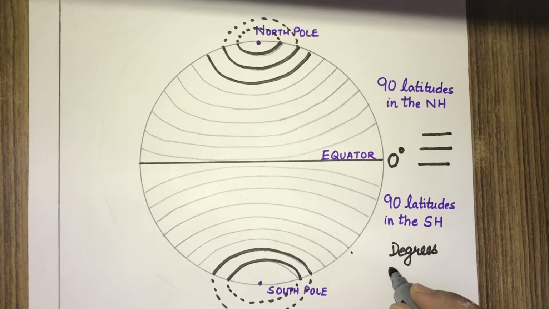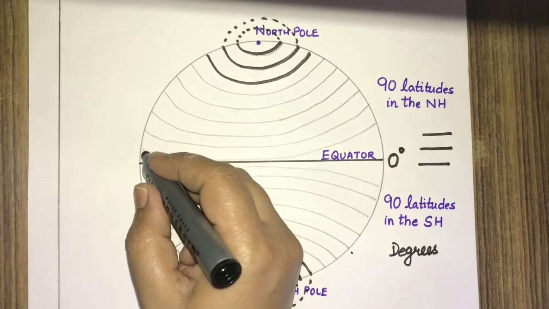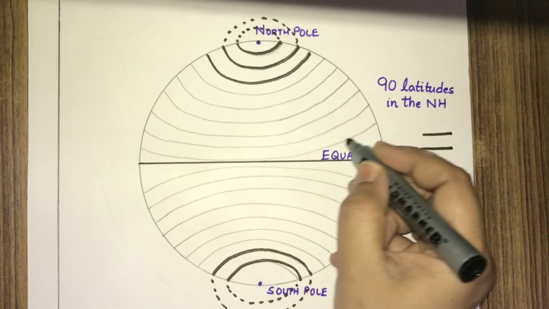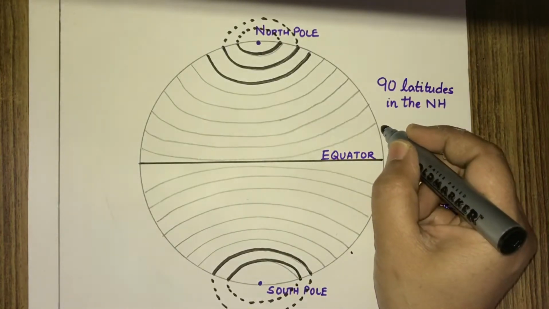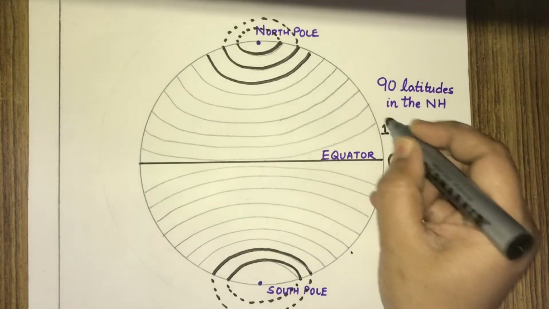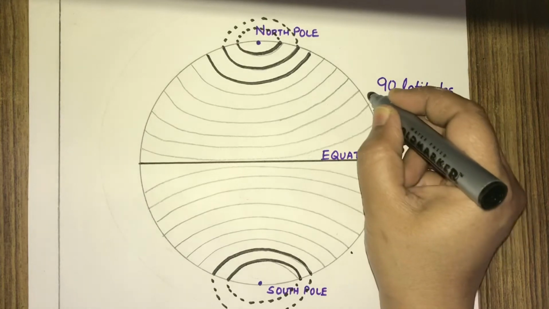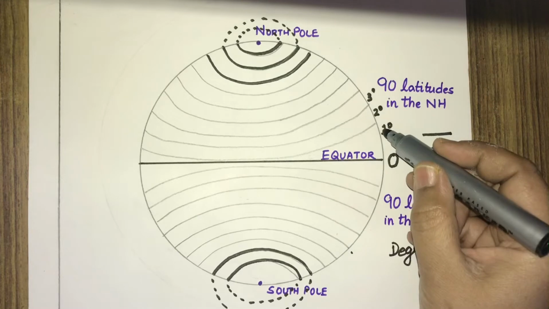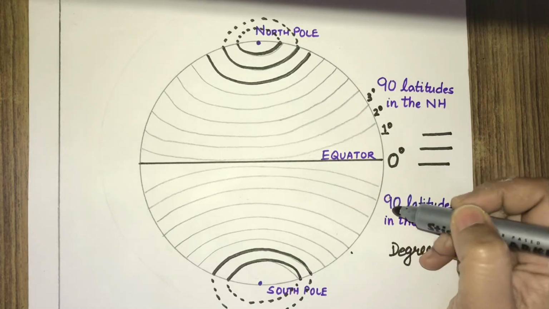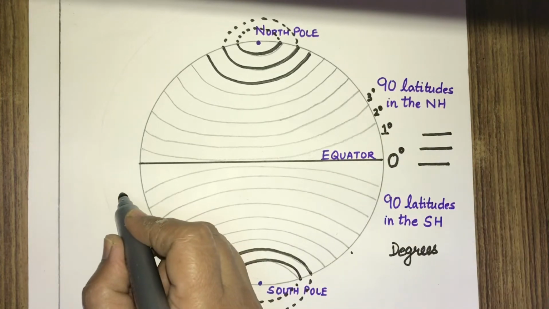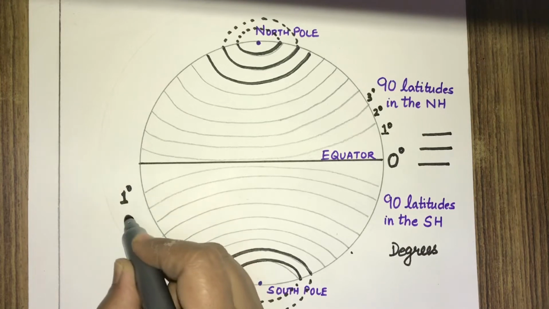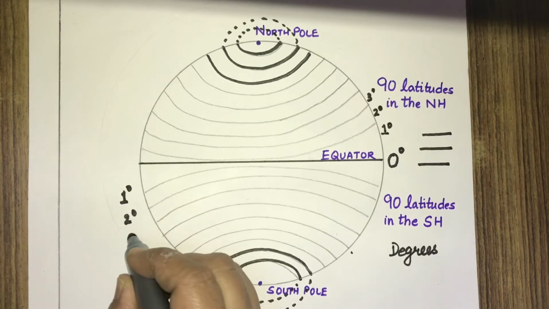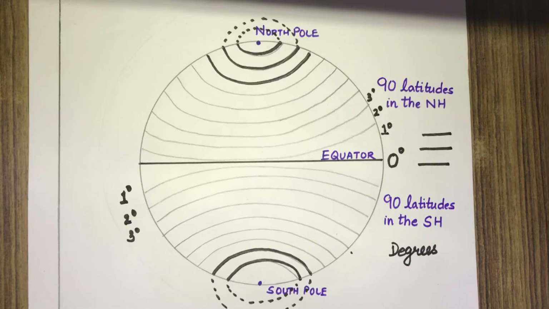So when we write the parallels, we always mention at what degree they are. When we draw the parallels, we number them as 1 degree, 2 degree, 3 degree and so on. Similarly, in the southern hemisphere, again we mention 1 degree, 2 degree, 3 degree and so on.